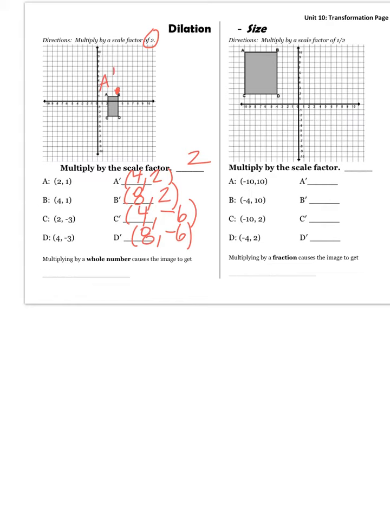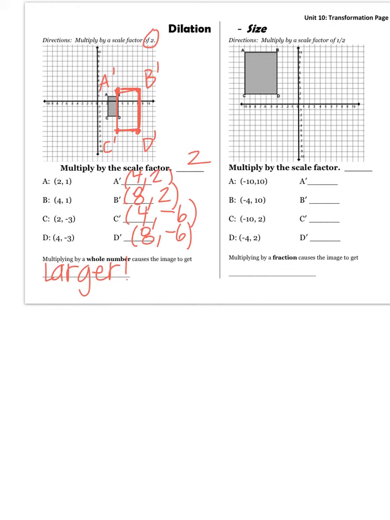B prime is 8, 2. C prime is 4, -6. And D prime is 8, -6. So multiplying by a whole number causes the image to get larger. So by 2 would be twice the size.